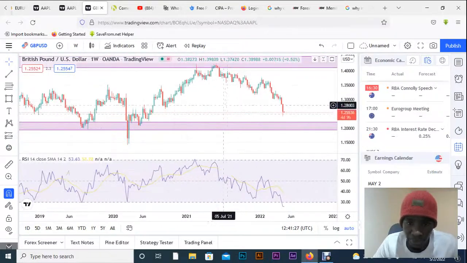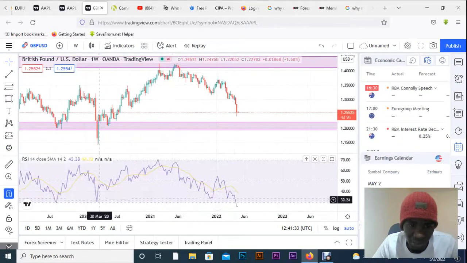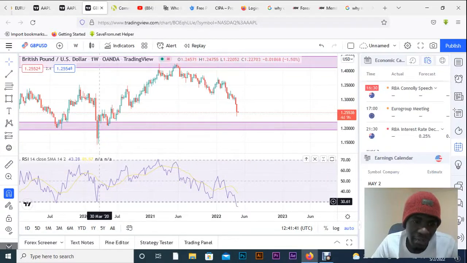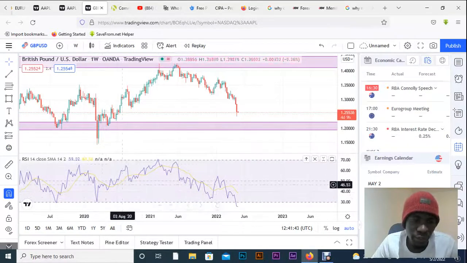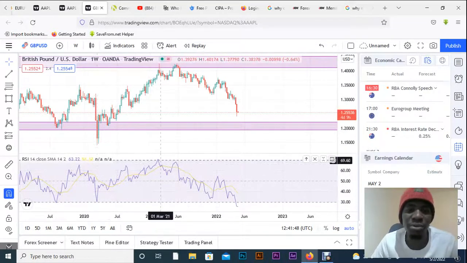But when we look at our indicator here, the RSI, when the market reached the 30 level, normally the market pushed all the way up. When the market is on the 30 is where we are looking for buying opportunities.